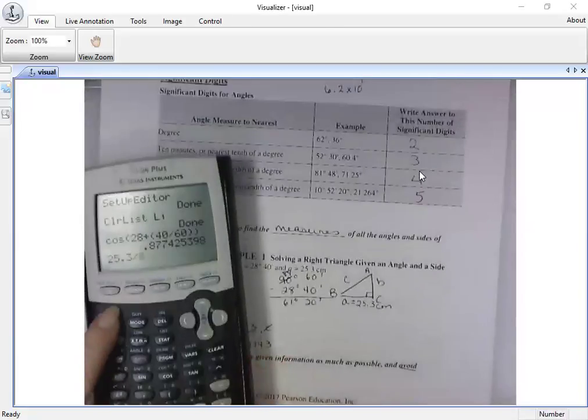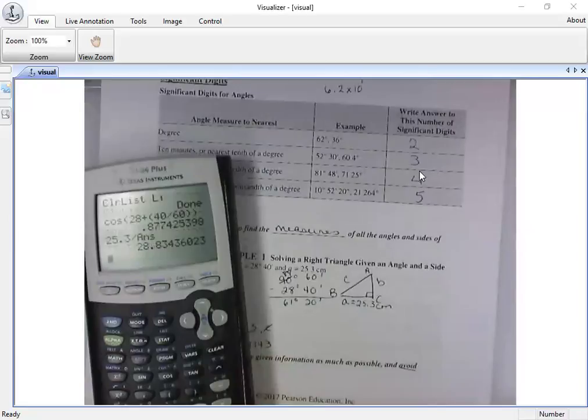If I hit the second and that negative sign, it will pull back the answer from the problem I solved right before this. So I don't have to re-enter all these digits. I don't have to round. It's going to keep all of them for me. And now when I hit enter, I'm getting this number for the length of side C.